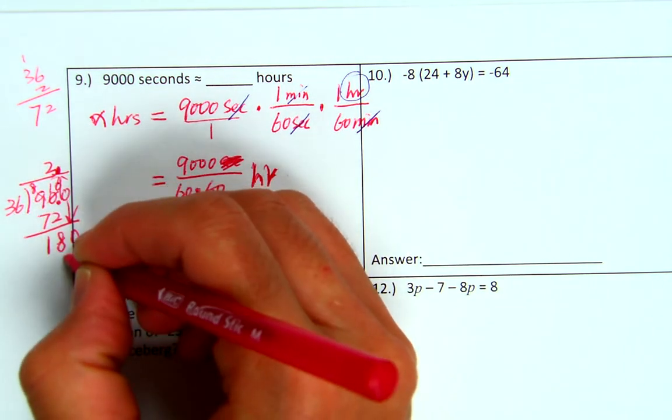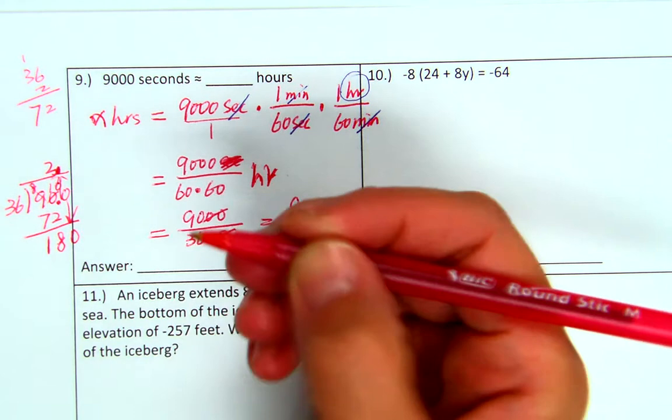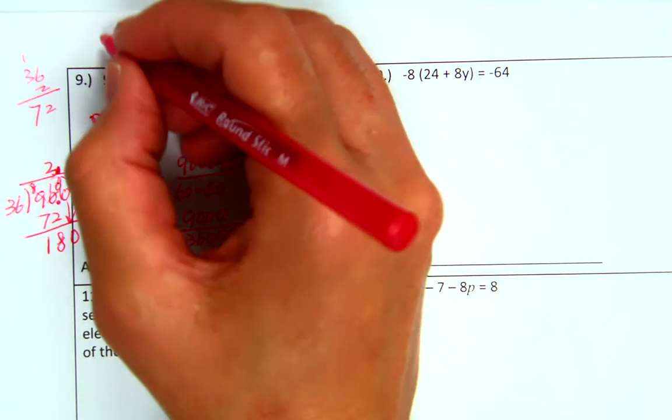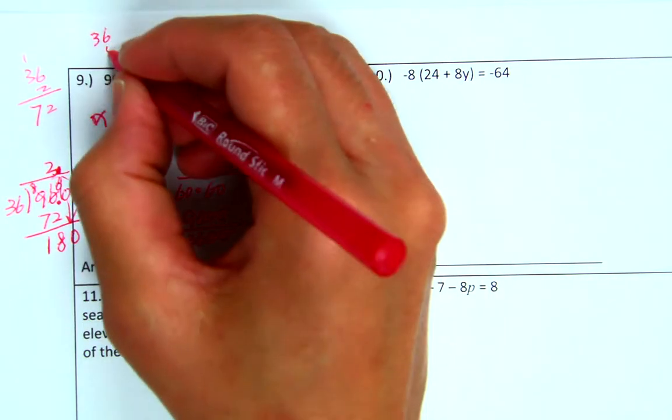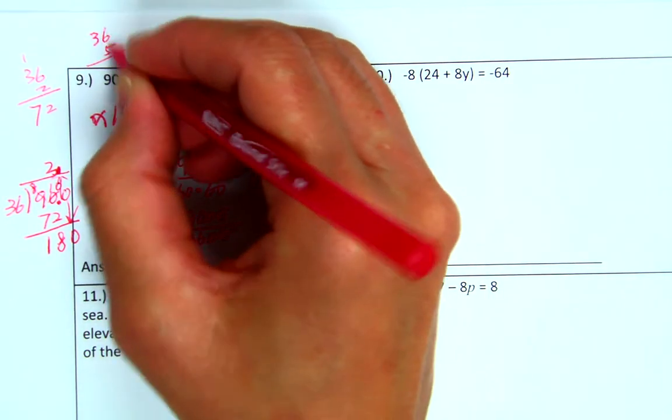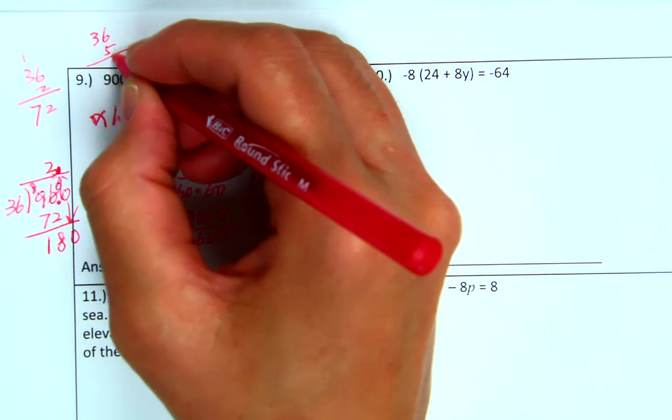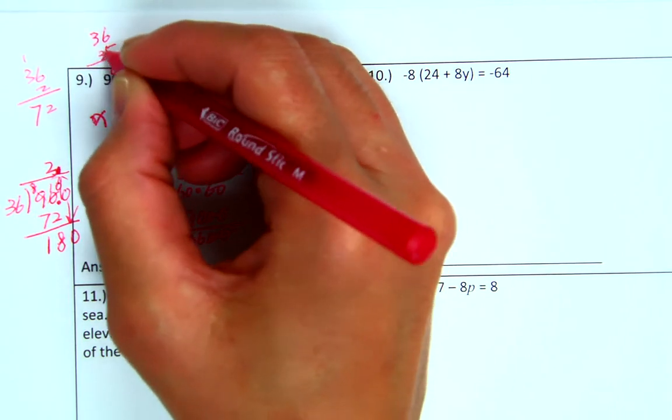36 multiplied by something is 180. You just have to take a guess again. My guess would be 36 times 5, because I know 5 times 6 ends with 0. 5 times 6, 30.